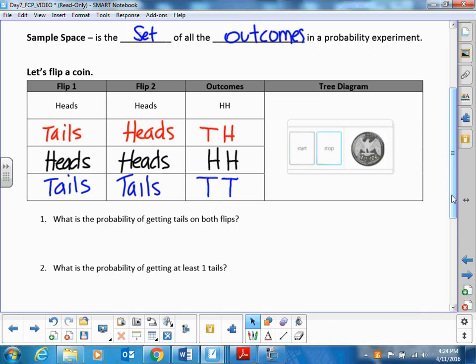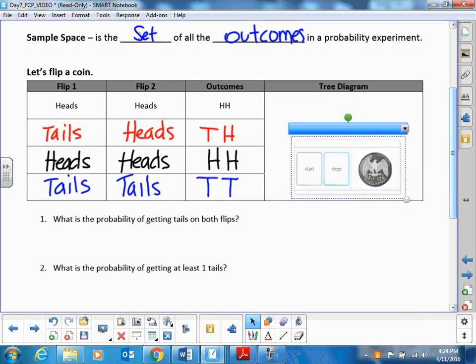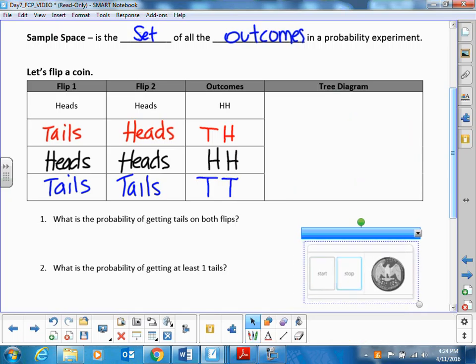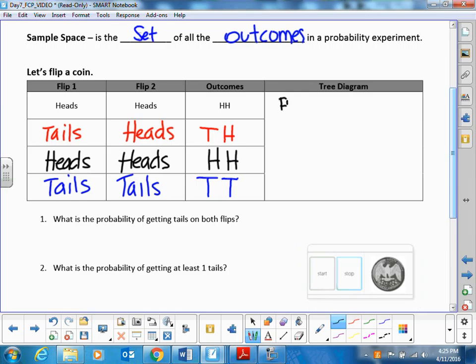Okay, so let me move this out of the way. Our tree diagram allows us to illustrate in a tree or a graph all the possible outcomes. So if we start, and you're going to have to write really small, here's our first flip, flip number 1, and then we've got flip number 2. So under flip number 1, your options are heads and tails.